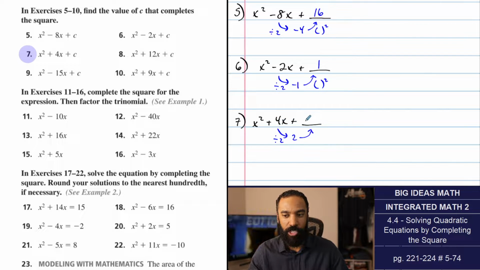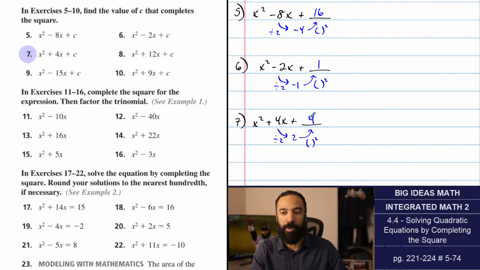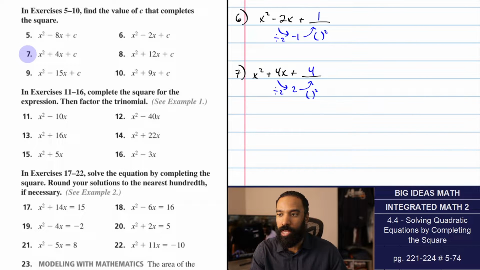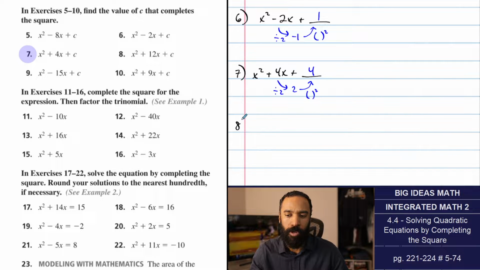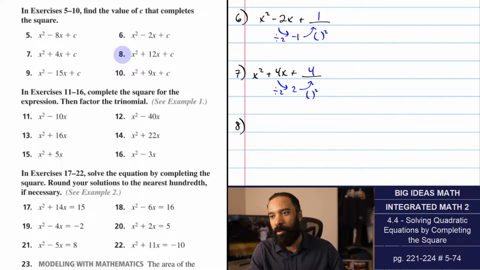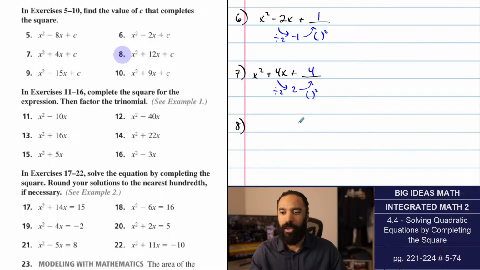I'm not even dividing by 2 and squaring to say x squared plus 4x plus 4. That's the number that goes in there, and that's the number that makes a perfect square trinomial. I've dealt with them in my teaching life. Maybe it's more so because I'm a teacher that I've seen it more often. I do it every year. But yeah, perfect square trinomials. On odd numbers, I'll compute it. On even numbers such as these, they don't faze me one bit. I know exactly what I'm going to get out of them.